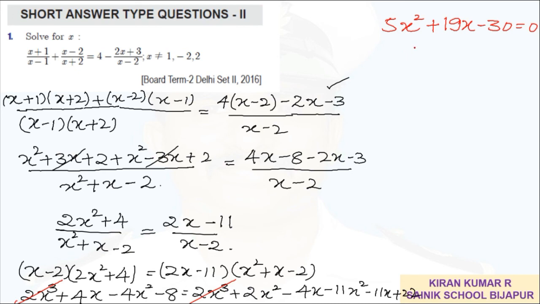Now we have to have the sum of two numbers as positive 19 and the product has to be negative 150. It is possible with the numbers minus 6 and 5.